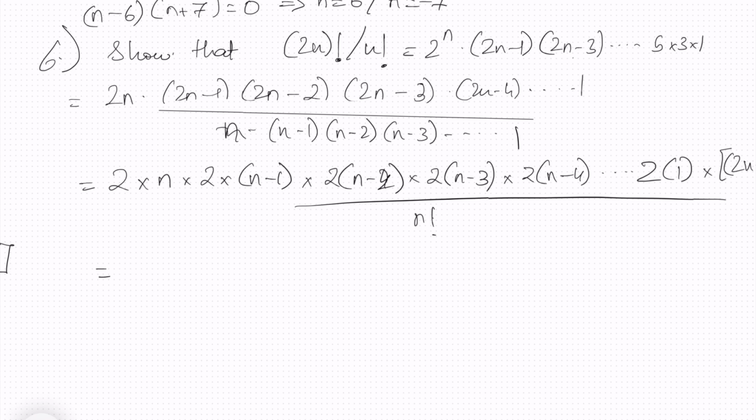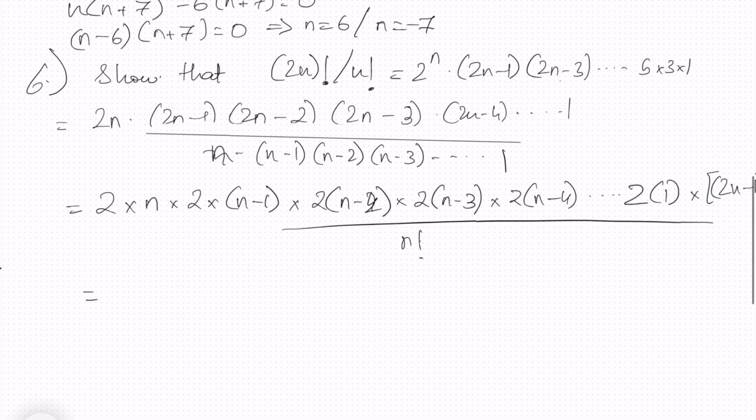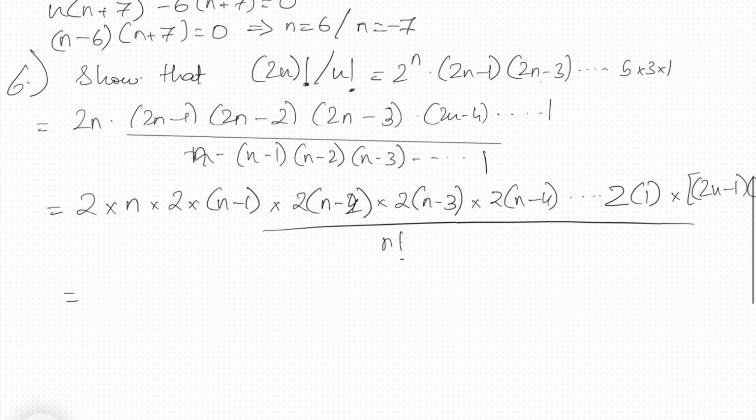So if you see, 2 has been multiplied n times, right? Because there's a total of 2n numbers up till 2n, 1, 2, 3, 4, 5, 6, 7, 8, 9, 10, all the way up till 2n. Those are 2n numbers, which means that there are n odd numbers and n even numbers.